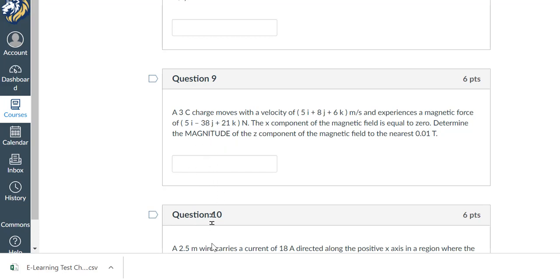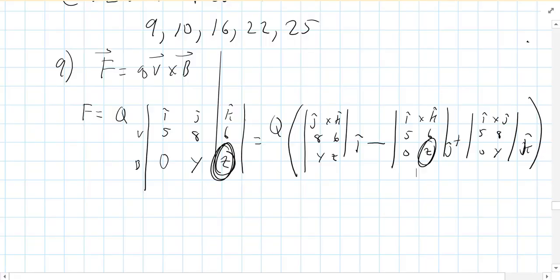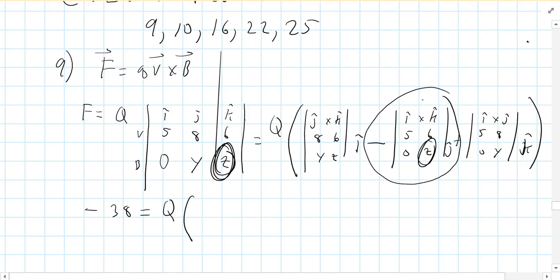Everybody's going to have different numbers there, but I had negative 38. So I know that negative 38 equals Q times, and I'm only focused on the J component because that's going to get my unknown. So I've got negative 5 times Z minus 0 times 6, so that's just 0.